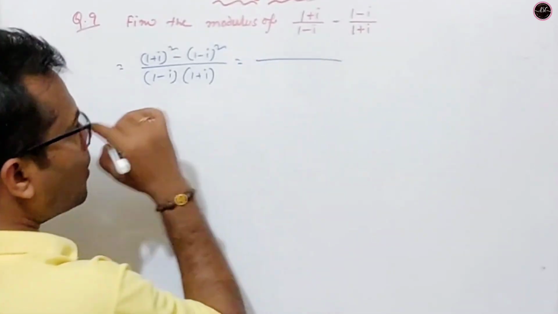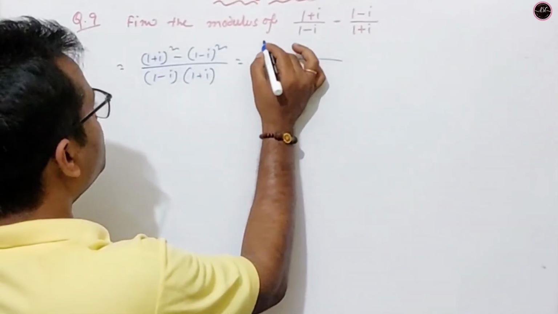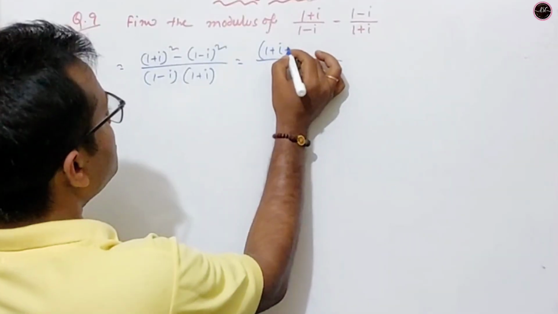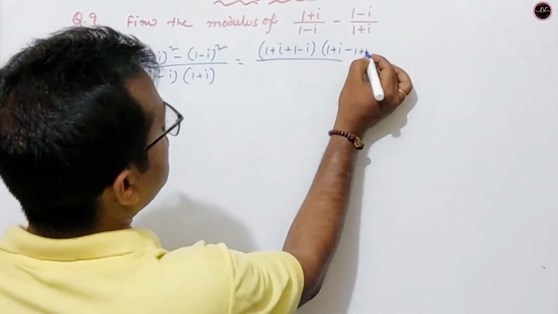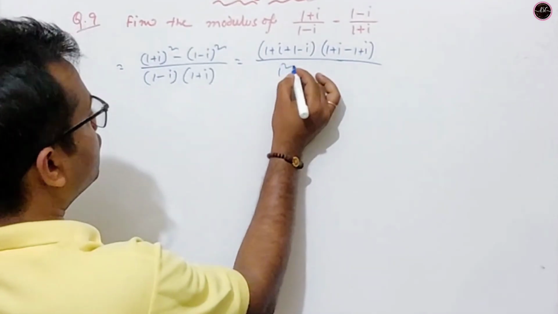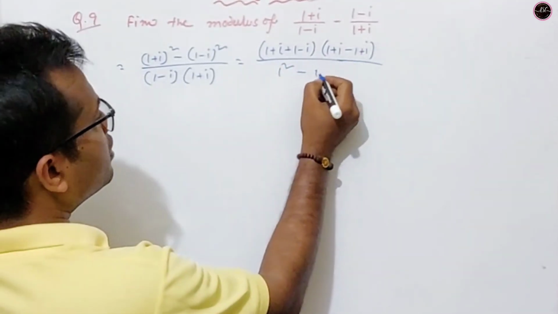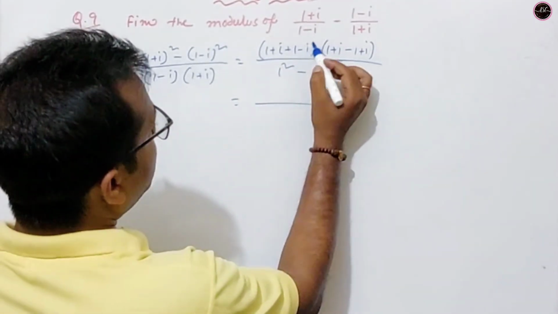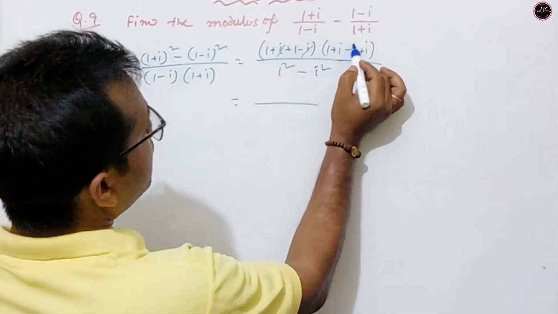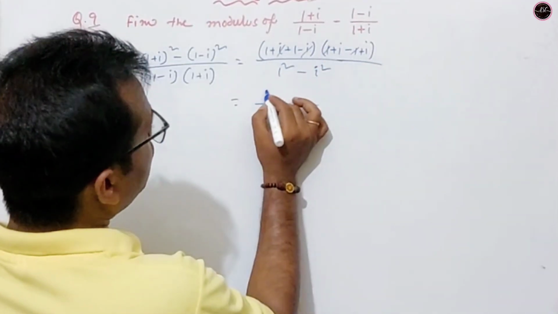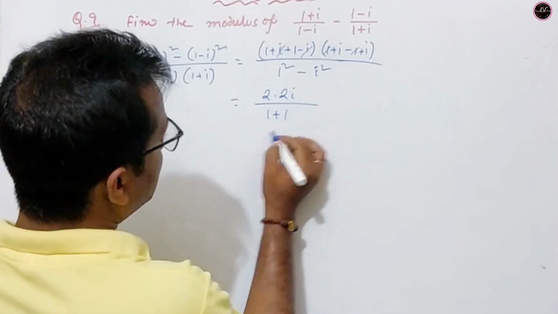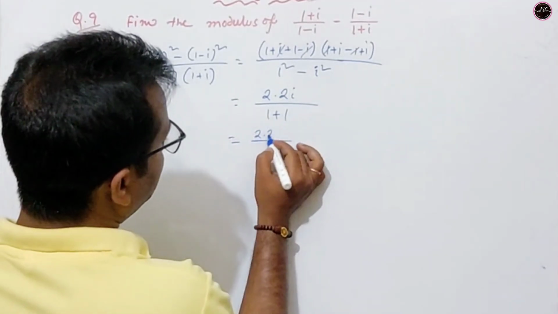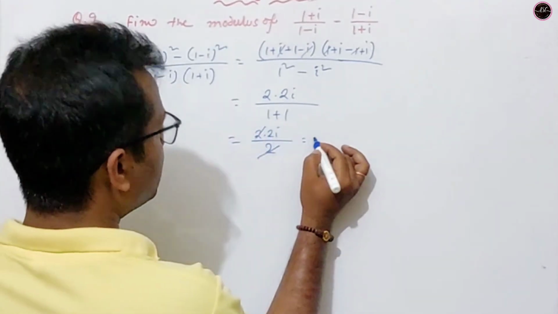So a square minus b square, we put a plus b into a minus b, that means i square. Here the i will be cancelled, and here 1 will be cancelled. So we get 2 into 2i over 1 plus 1, that means 2 into 2i divided by 2. 2 will be cancelled, therefore 2i.